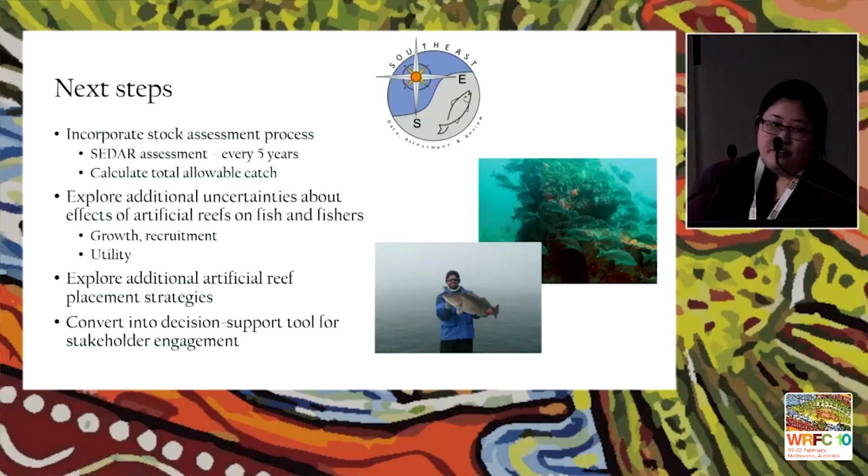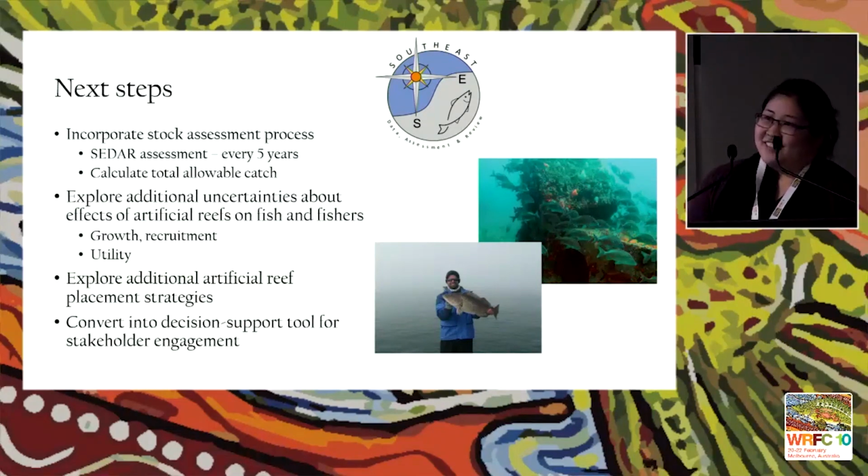So I'm going to show you some next steps here. There's a lot more work that could be done. But the most important thing we want out of this project is to convert this into a decision support tool, like an interactive model where we can incorporate stakeholder engagement, especially in creating artificial reef rules.